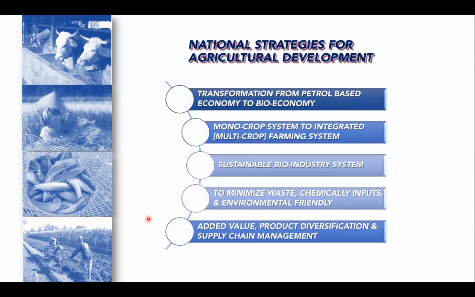So I think there is a transformation from conventional agriculture to modern agriculture, not only about productivity, but also sustainability, with some added value and something like that.